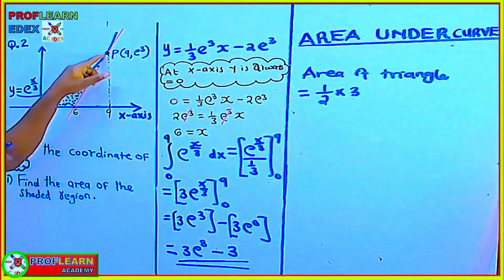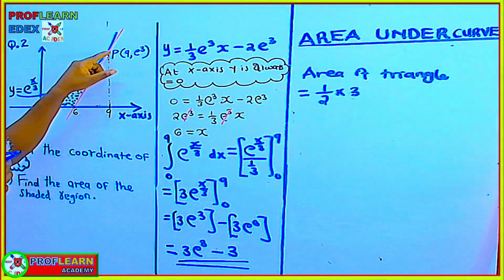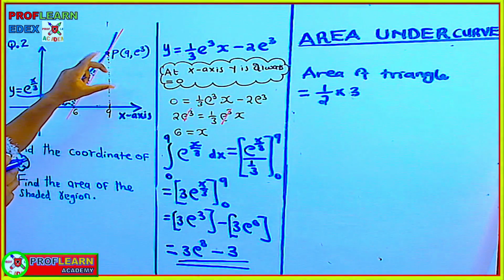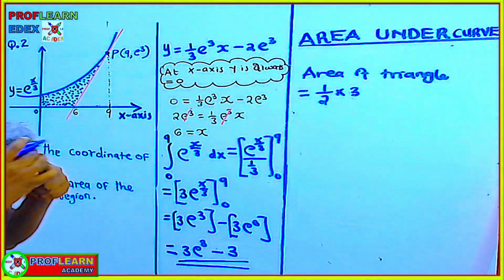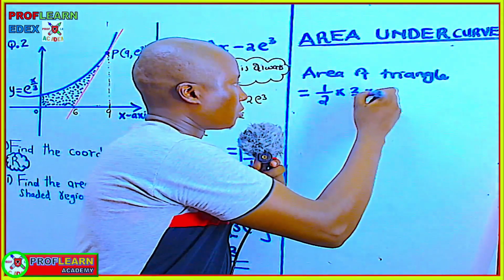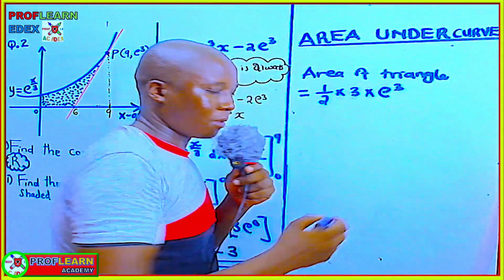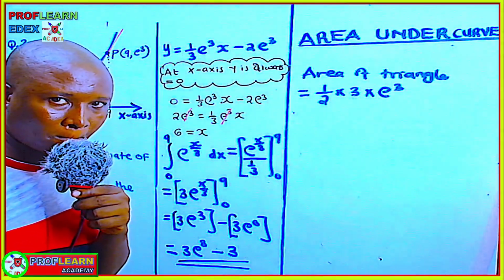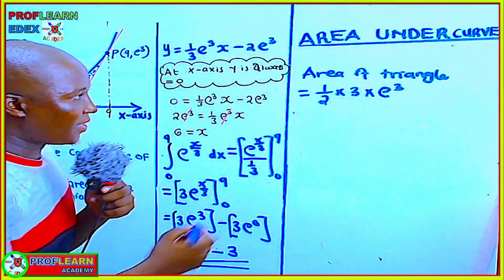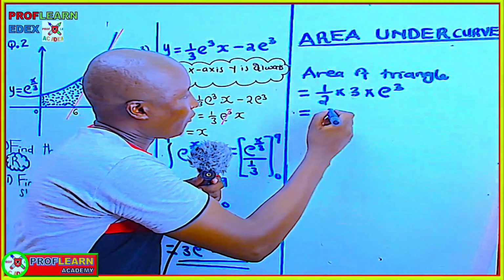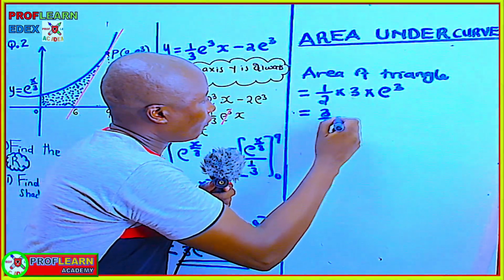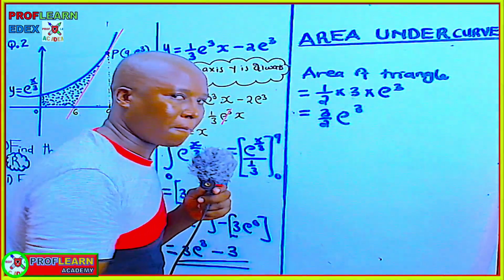What's the height of this triangle? It is going to be the y coordinate of this point, which is equal to e^3. Then our final answer is going to be 3 over 2 e^3.